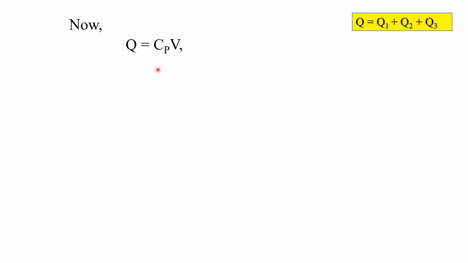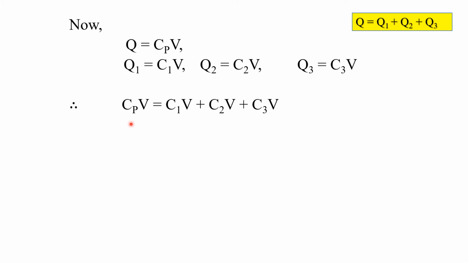Now, we have Q is equal to CPV. So CP is what? CP is the equivalent capacity of three condensers or a number of condensers when connected in parallel. Then Q1 is equal to C1V, Q2 is equal to C2V, Q3 is equal to C3V. Putting this value in this equation, we get CPV is equal to C1V plus C2V plus C3V.